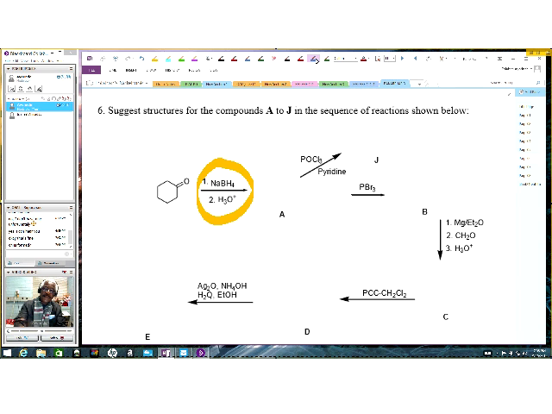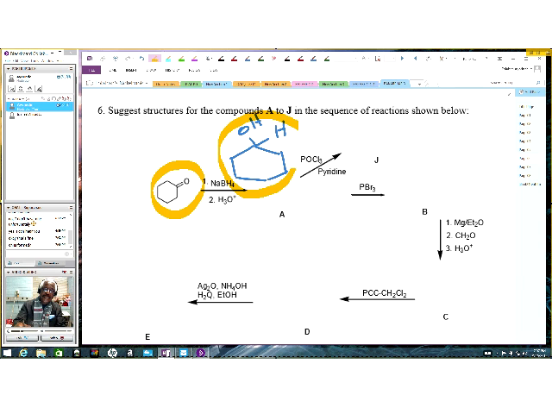We have sodium borohydride reacting with a ketone to give, as you can see here, a secondary alcohol. So in this particular instance, all you need to know is what this reagent does, in this case the sodium borohydride, followed by hydronium ion.